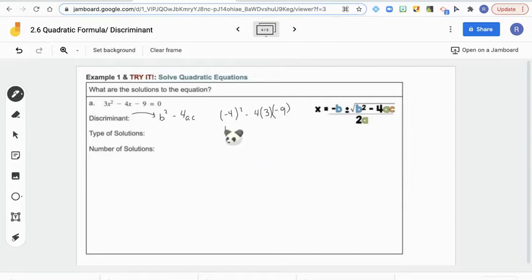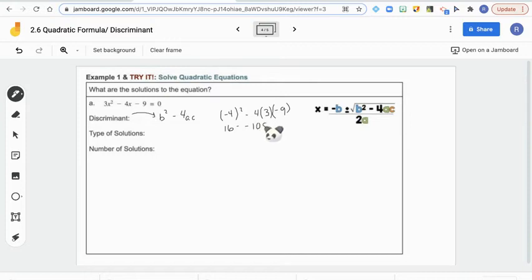So negative 4 squared is 16, minus 4 times 3 is 12, times a negative 9. And we're going to find that our answer here is a negative 108.